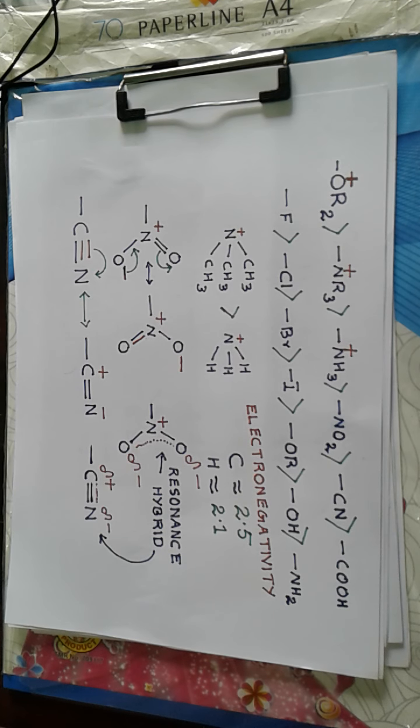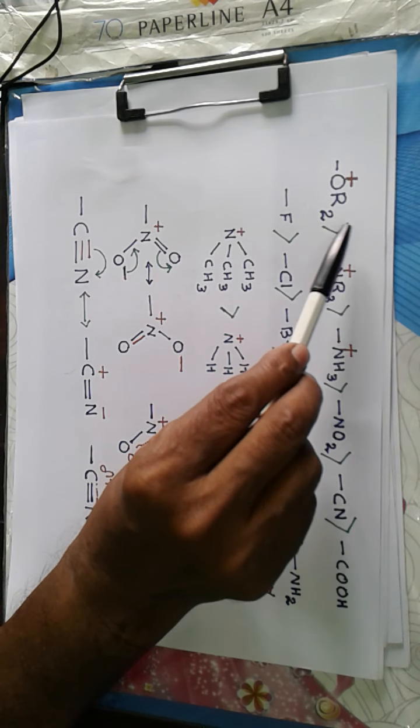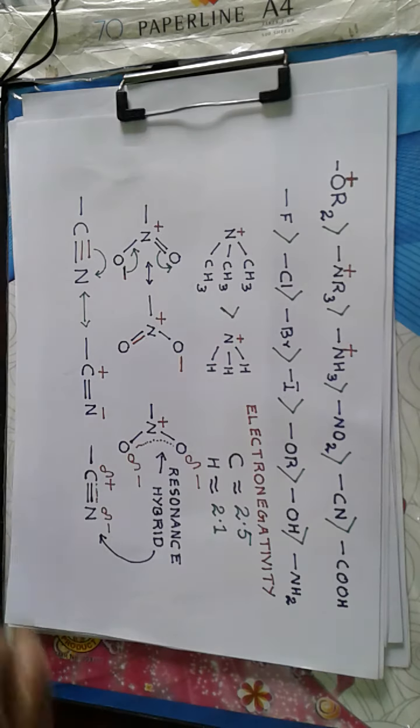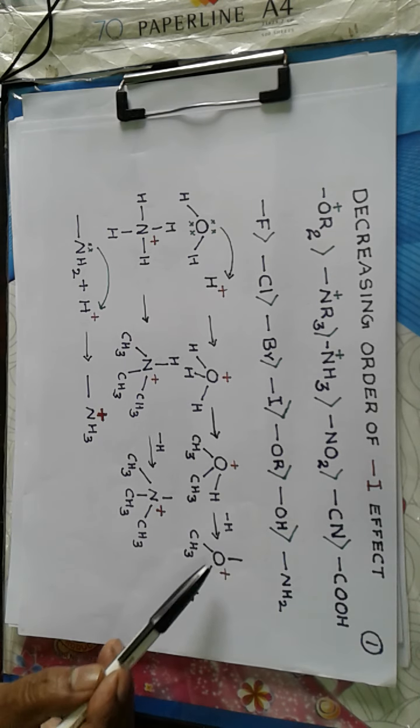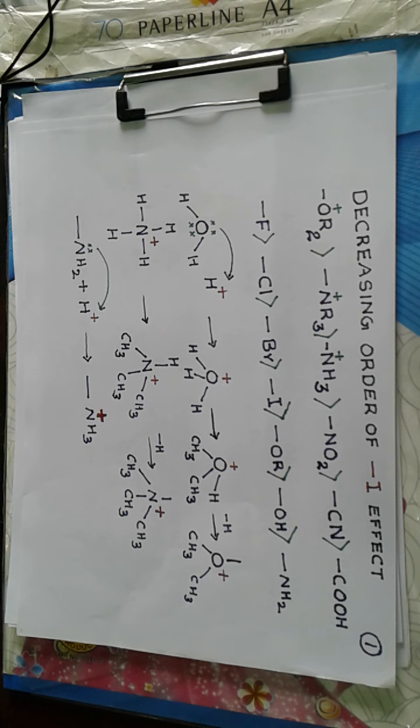Now in OR2 positive, there are two alkyl groups connected to the positive oxygen, and the example is two methyl groups connected to O positive. Now the carbon atom is having an electronegativity equal to 2.5.